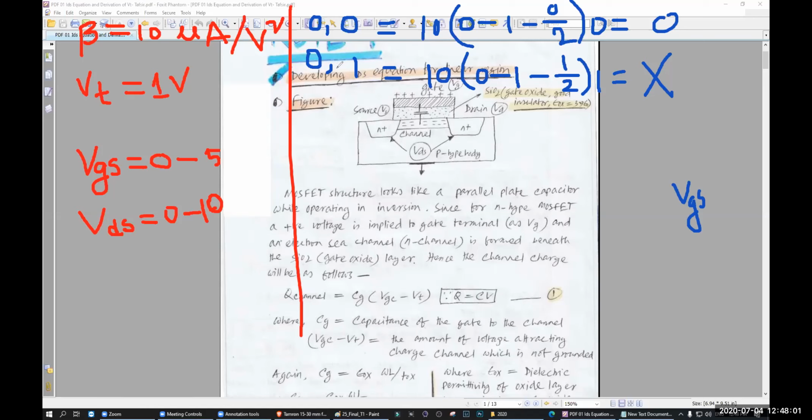So if your VGS is 0, you should not get any current. So your VGS must start from some value, let's say 1, or more than 1, because your VT is 1. So your VGS should start from 1, 2, 3, something like that. So that's why I'm going to start from 2.